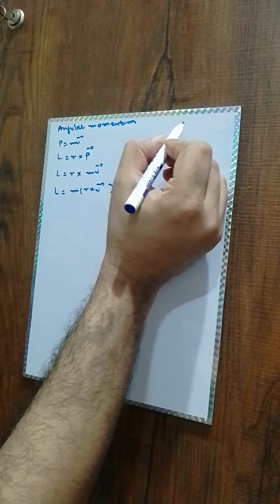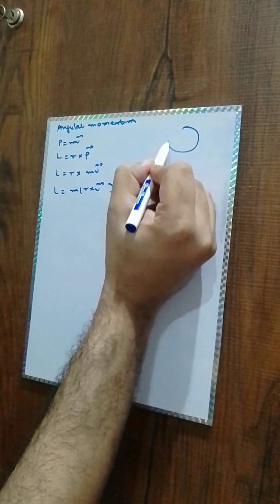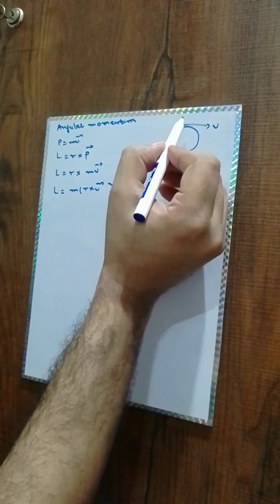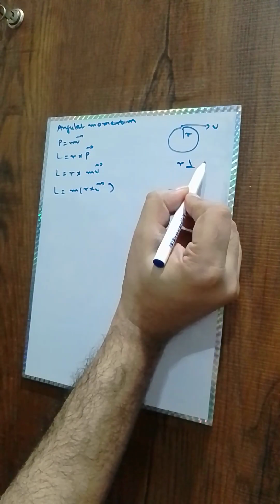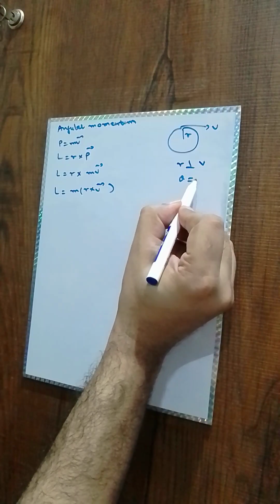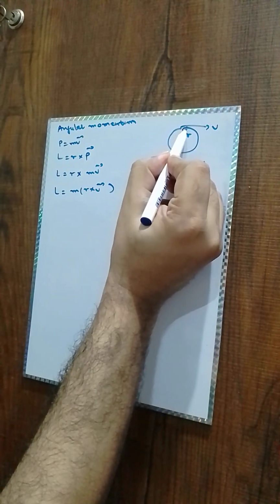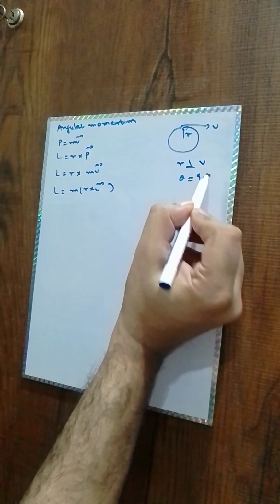So once again, referring back to the circle situation, here's the tangential linear velocity, here's the radius. The radius is perpendicular to velocity, so the angle here is 90 degrees.